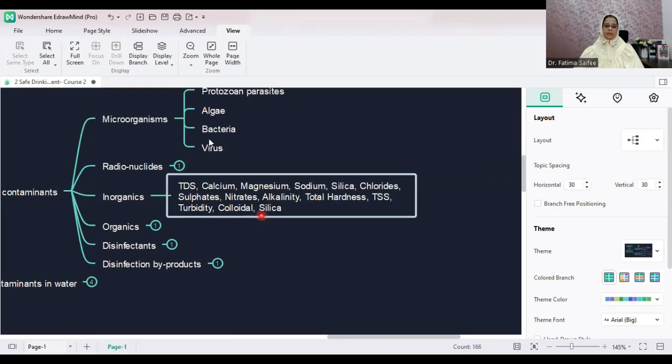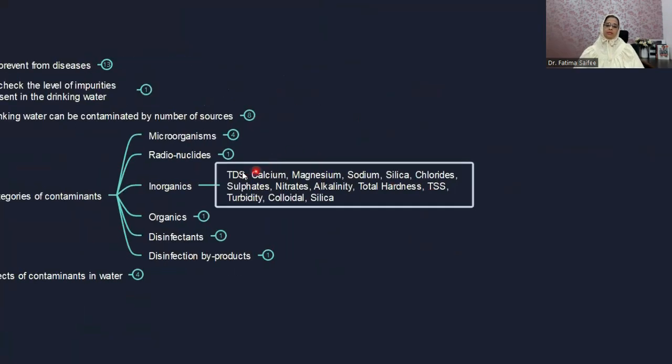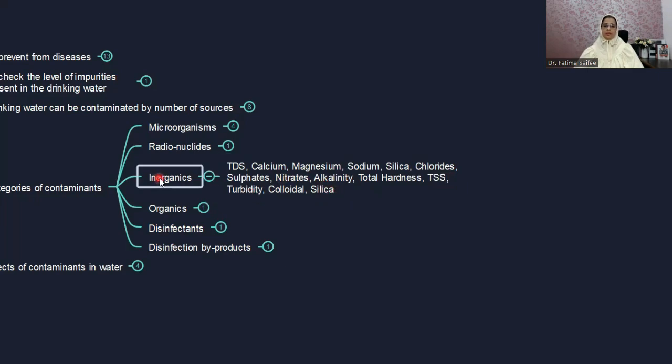What are the inorganics present in water? Inorganics can be TDS, that is total dissolved solids, calcium, magnesium, sodium, silica, chlorides, sulfates, nitrates, alkalinity, and total hardness. TSS means total suspended solids. Turbidity, colloidal matter, and silica all come under the inorganic impurities.